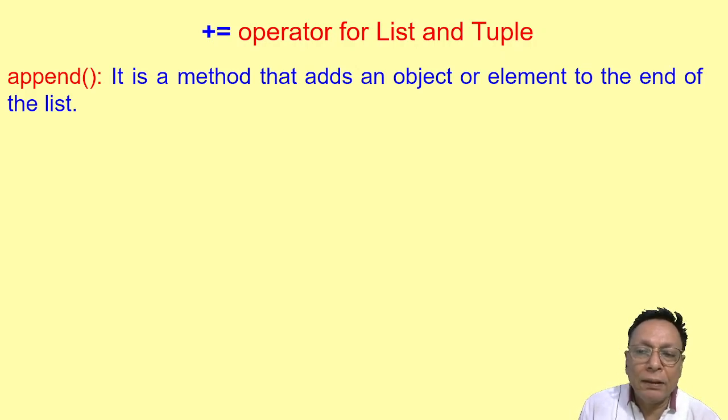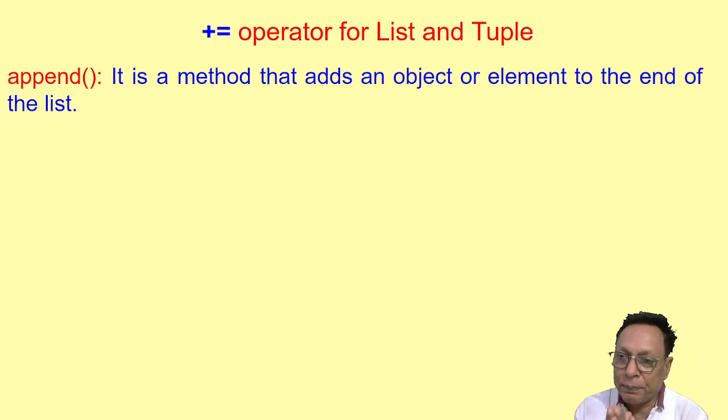It is a method that adds an object or element to the end of the list. So whichever elements are in the list, if you add another element, it will be added at the bottom, at the end of the list. So this is the function of append. Okay, just see an example of this.